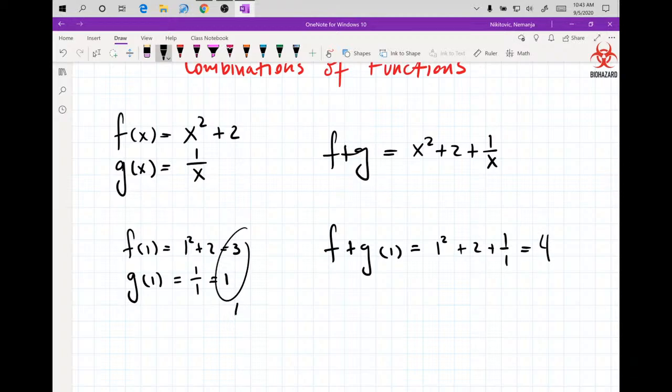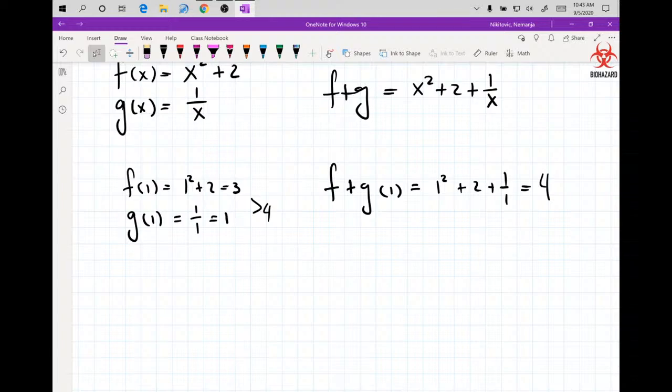But if you add these values, you also get 4. So we achieve the same result whether we compute individual functions and then combine them, or we algebraically combine the functions and then compute. Let's take a look at what happens if I multiply these functions.